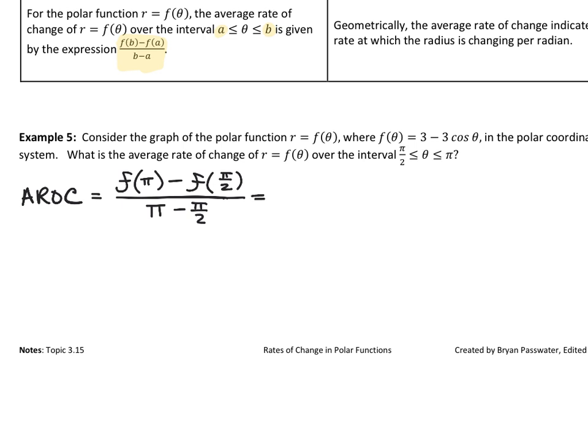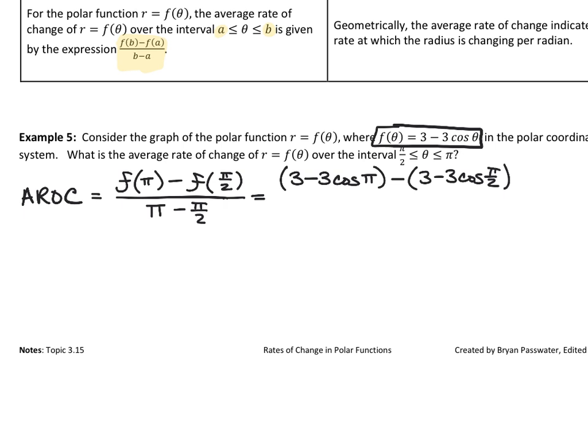We're going to take the function f of theta, this guy right here, and we're going to plug these numbers in. So we'll do 3 minus 3 times the cosine of pi, minus 3 minus 3 times the cosine of pi over 2. I'm putting these in parentheses on purpose because we're subtracting the entire expression.